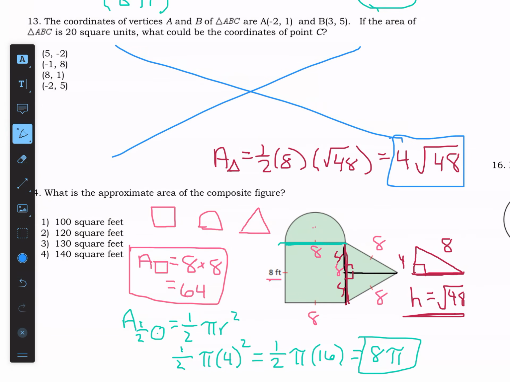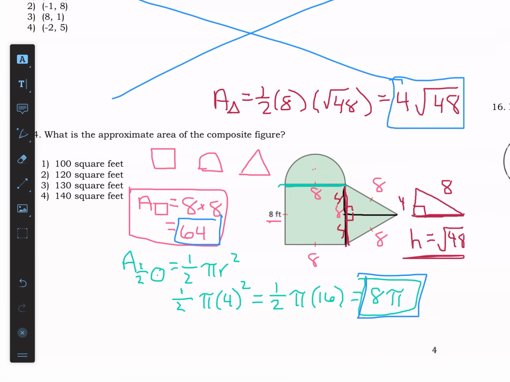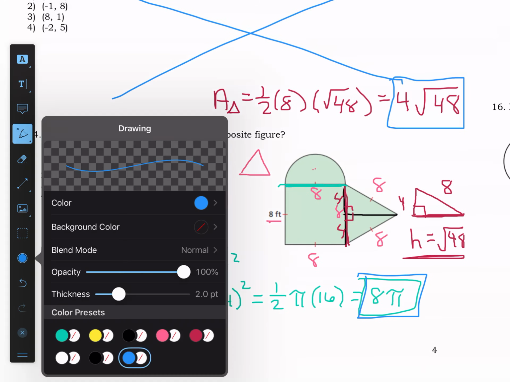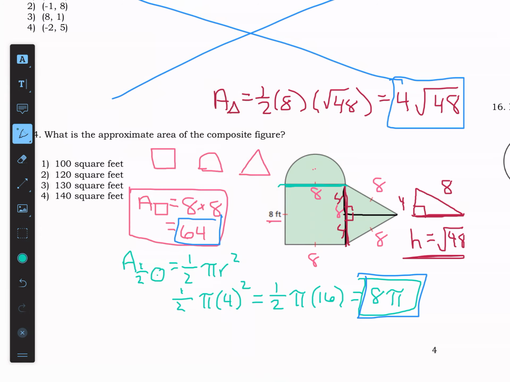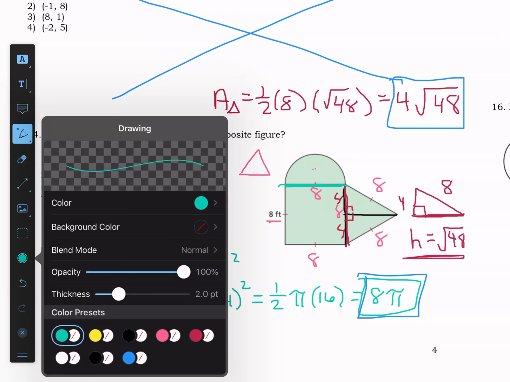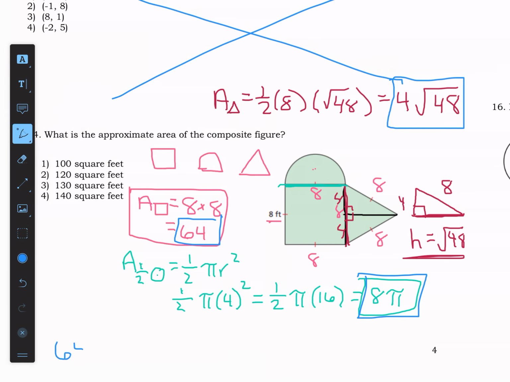To finish it, we're just taking the 3 answers that we got and adding them together. So you're going to go into your calculator and type in 64 plus 8 pi plus 4 radical 48.